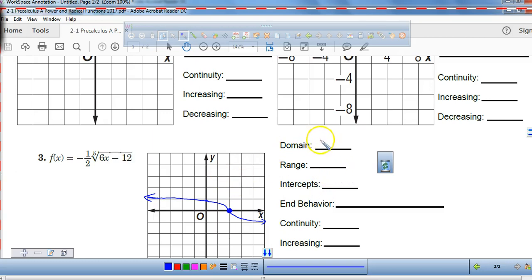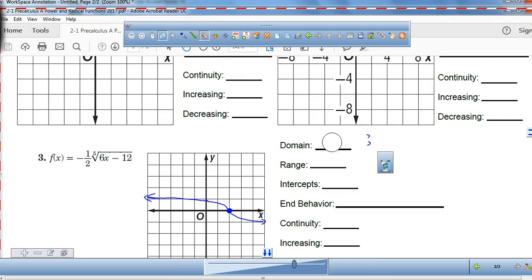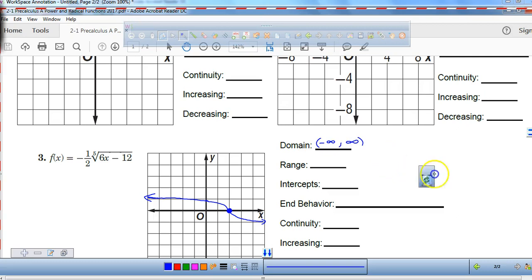Now our domain is all real numbers. So I'm going to say the set of all x values such that x is an element of the real number system. But instead of using set builder notation, let's go ahead and use interval notation. It's a lot easier. Our domain goes from negative infinity all the way to positive infinity.